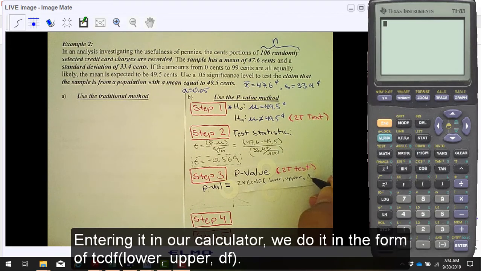Entering it in our calculator, we do it in the form of TCDF lower, upper, degrees of freedom.